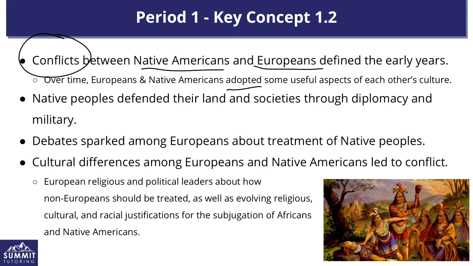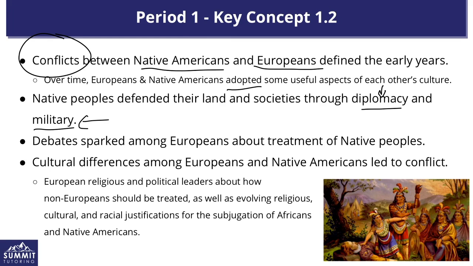The native people also defended their land through diplomacy as well as military when they felt that they had to. They tried really hard to stick to the first diplomacy option, but because of how intense the tensions rose, that's when they resorted to military power.